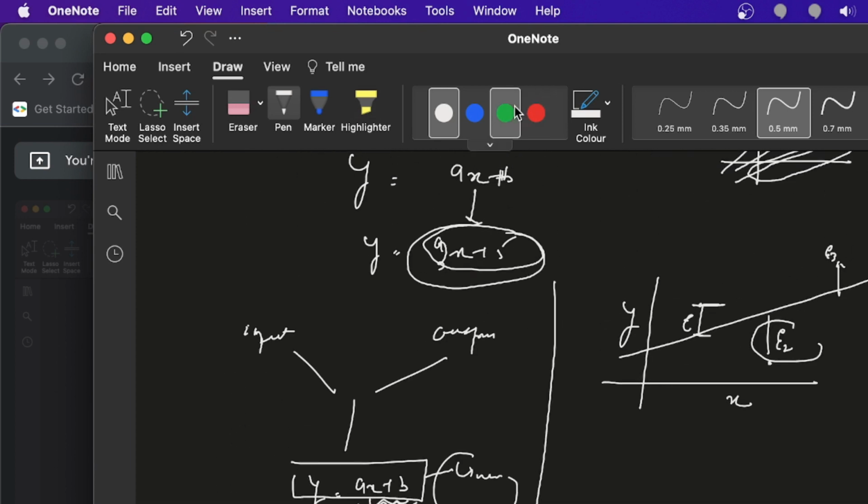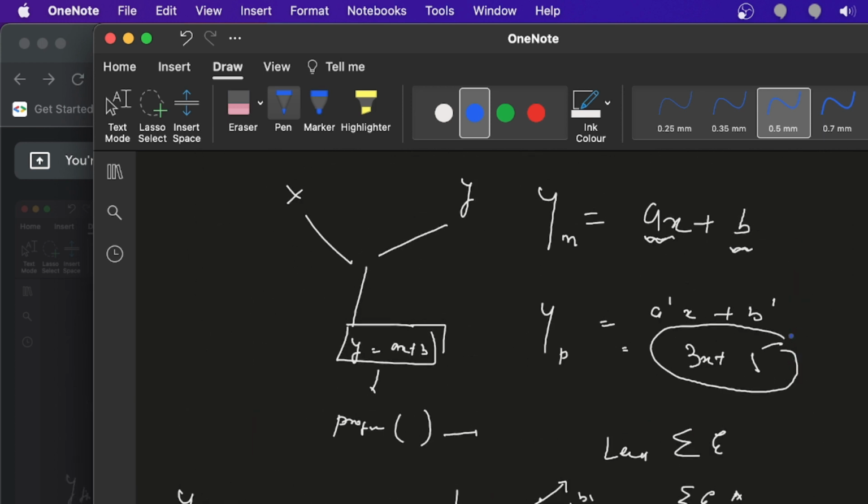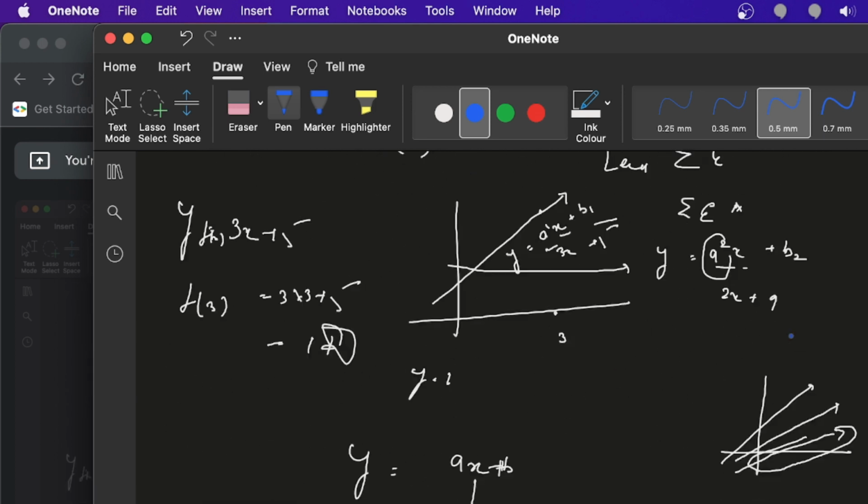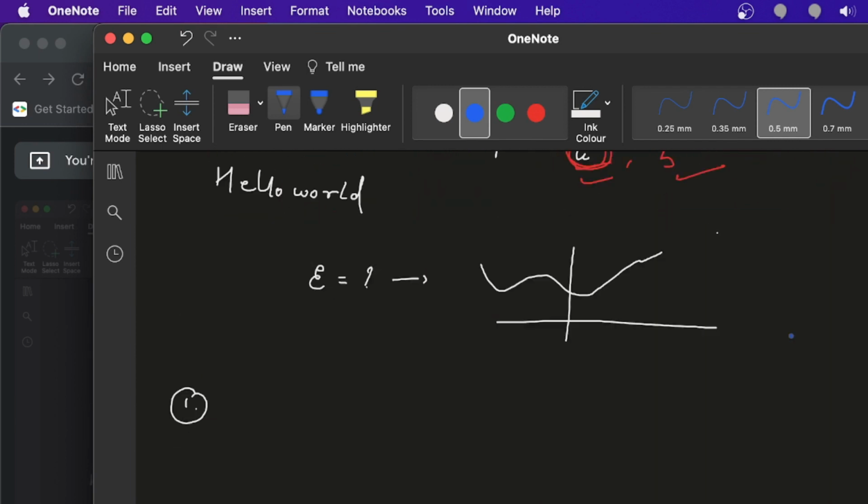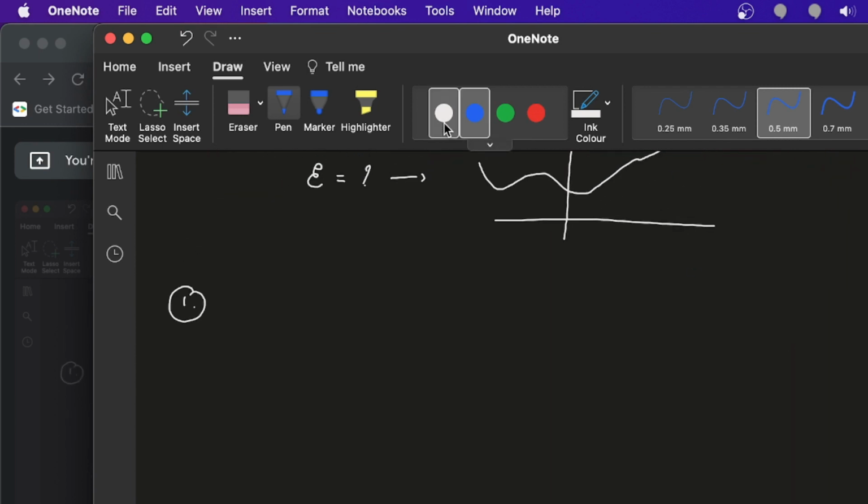From the very beginning, you have understood this graph. In the normal way, what is happening?